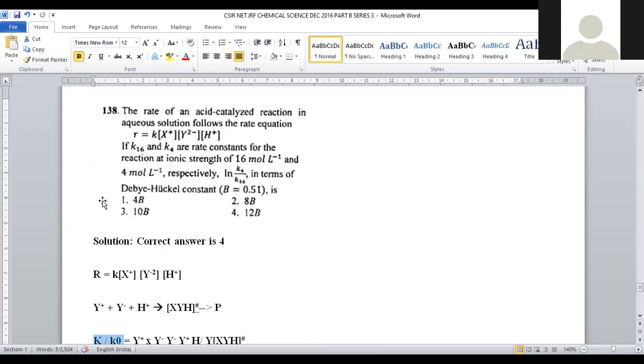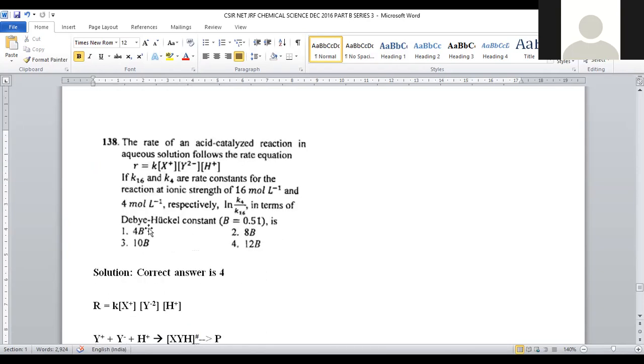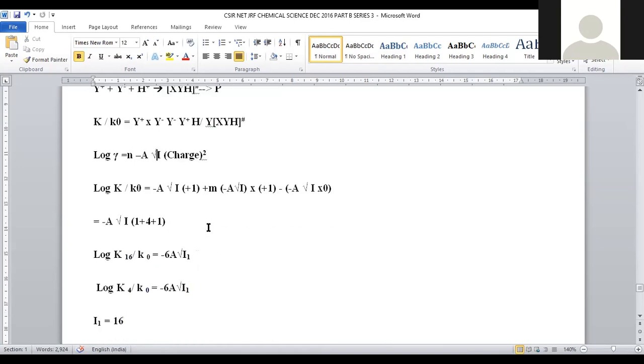K denotes the forward reaction, K naught denotes the backward reaction. Then log gamma is equal to minus A root I times charge whole squared. So log gamma is given as minus A root I charge squared.